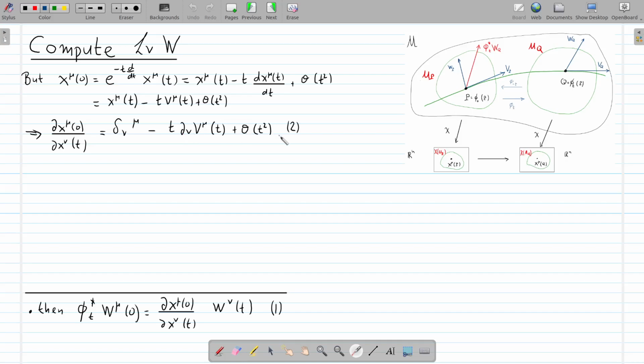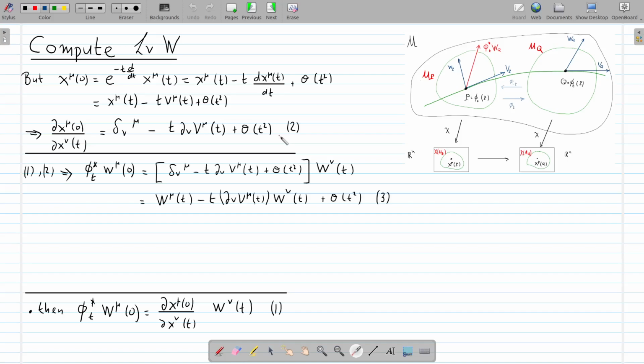And then we ignore higher order terms of order t squared and higher. Then we can substitute this in equation 1. So we take this and we plug it in here and we obtain this equation.